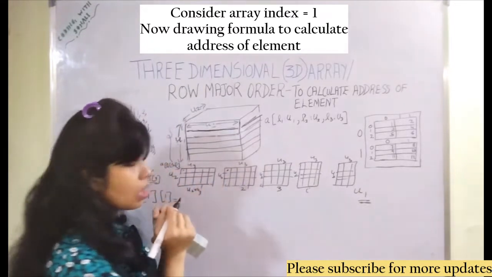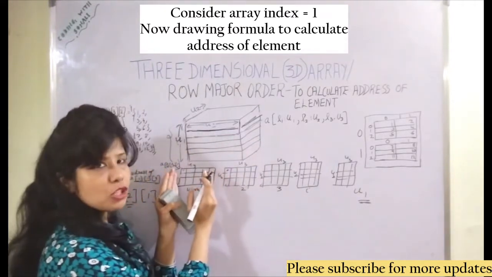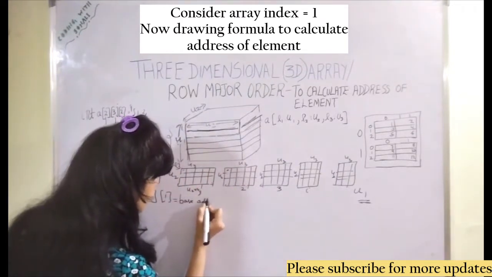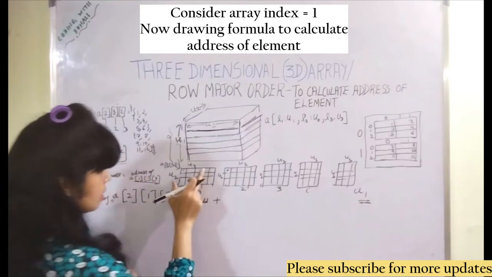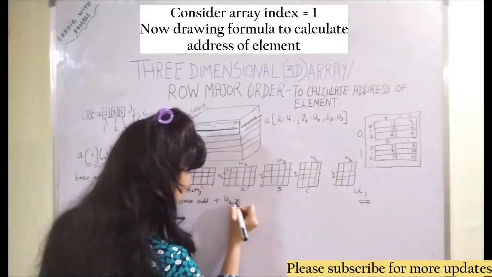So that means how much I have to traverse? I have to cross the whole 2D array of the dimension U2 into U3. It will be simply equal to the base address plus the whole U2 into U3.